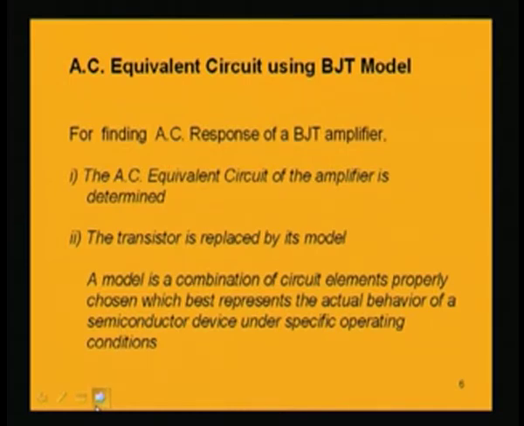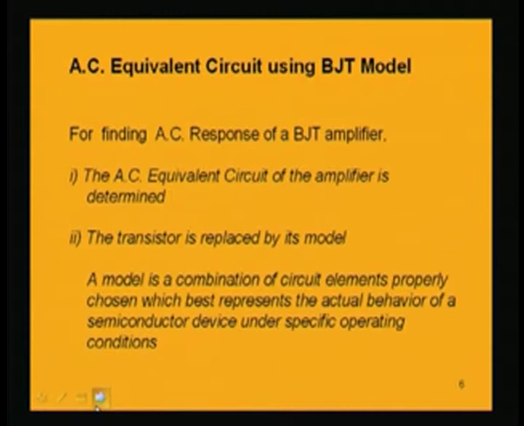That means, from the actual physical transistor, we must derive its model by properly combining the circuit elements, so that the behavior of the transistor, behavior means the input as well as output characteristic which we have studied, can be reflected by that model.